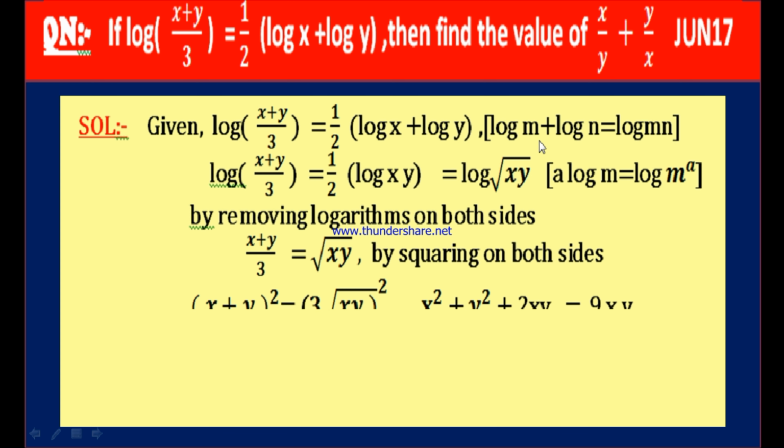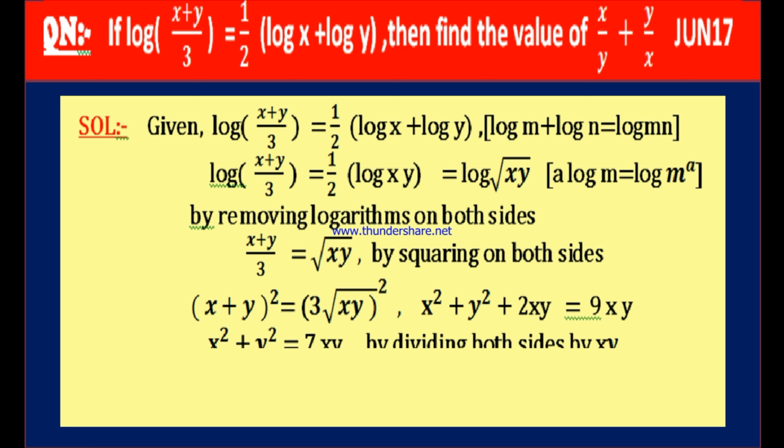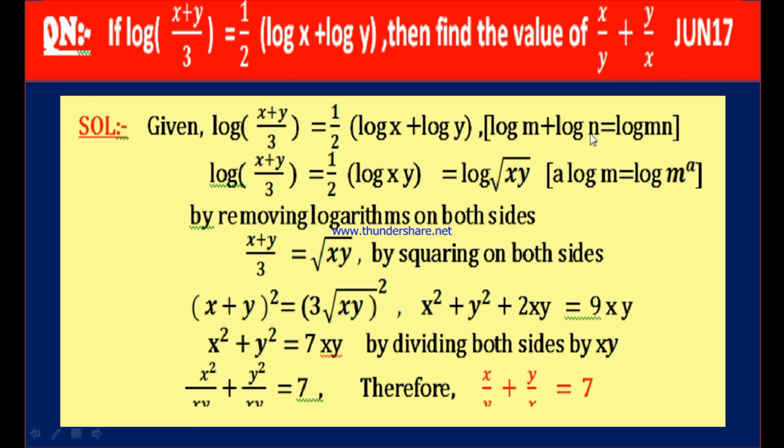Did you come across the laws of logarithms? Good. Out of the laws of logarithms, it is the first law, which is log m plus log n is equal to log mn. Therefore, dear students, if we apply this, log m plus log n is equal to log mn, then log x plus log y is log xy.